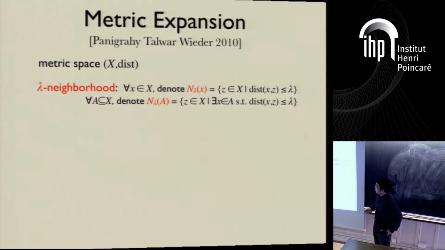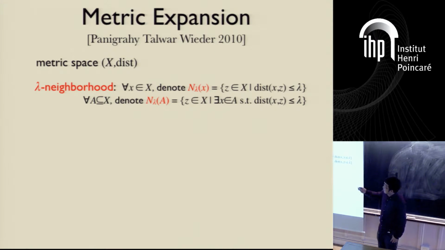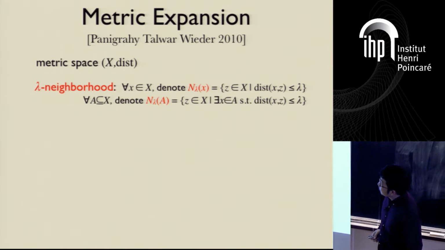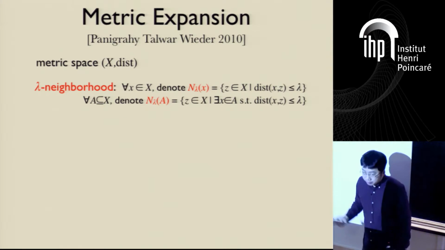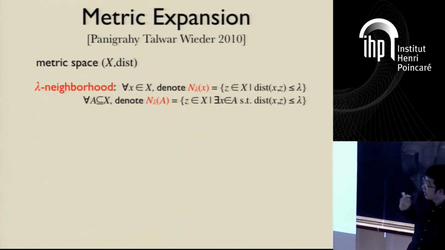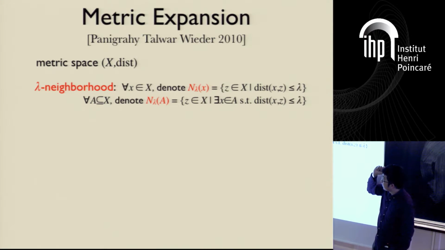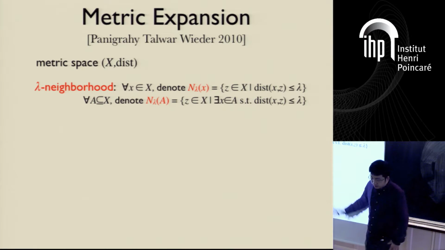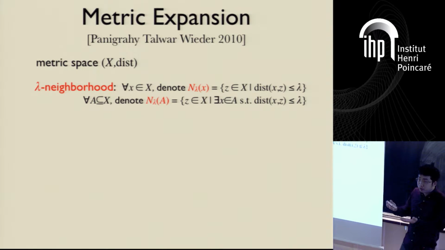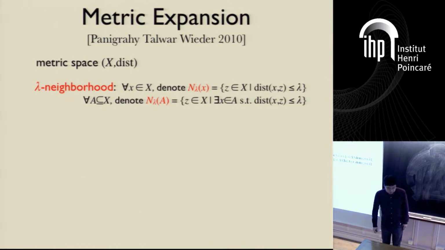And this is done by the notion of metric expansion of this paper. So let N sub lambda of x denote the lambda neighborhood of point x, which is just the lambda ball centered at x. And the lambda neighborhood of point set A is just the set of points reachable from set A within distance lambda.